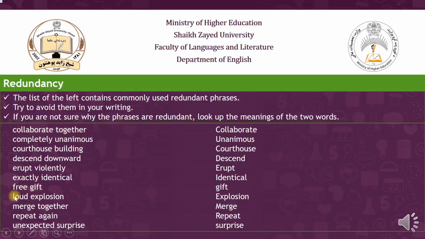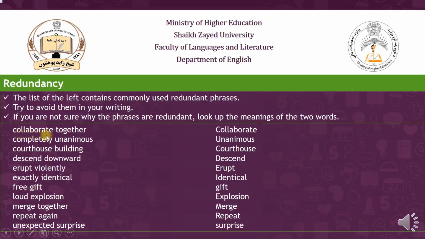Here is a great example, free gift. It is not necessary to use the word free here because gift by itself is free. If you give something to me or present something to me, it means it is free for me. Then you must not write free gift.